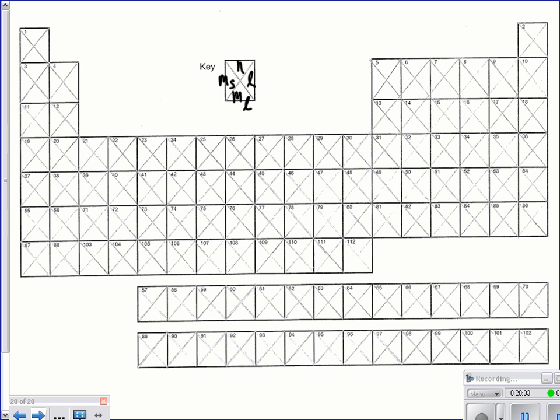I'm going to try color coding these. We'll do n, which is just going to be our energy level.